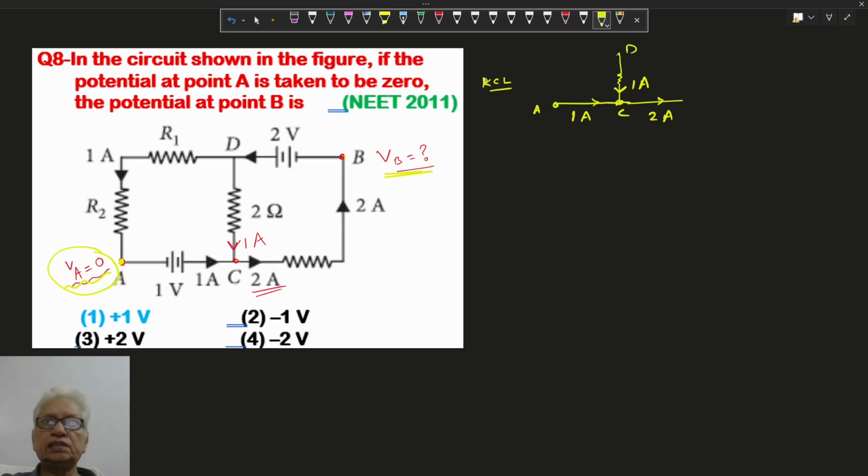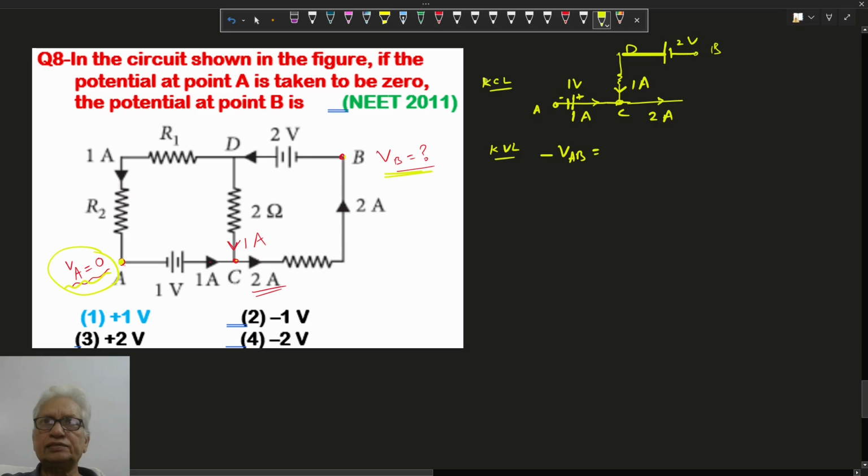Now A, D, and here point B, and a 1 volt cell, positive and negative. Using Kirchhoff's voltage law from A to B, VAB equals A to C, a rise of 1 volt, and C to D, in the opposite direction of current, IR, so it is positive 1 into 2, and D to B, a drop of 2. The 2 and 2 cancel out, and it is 1 volt.